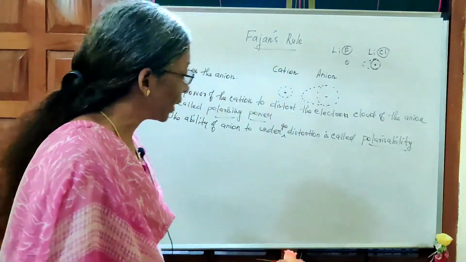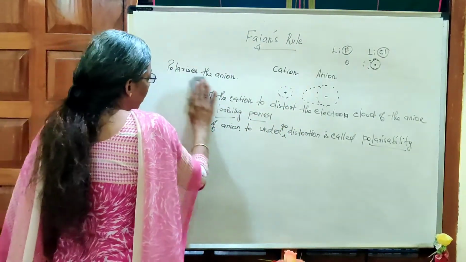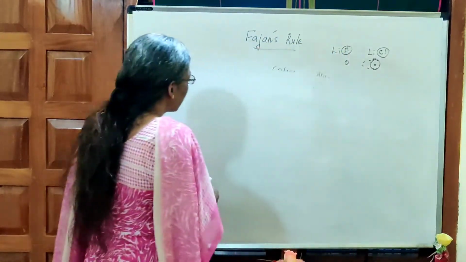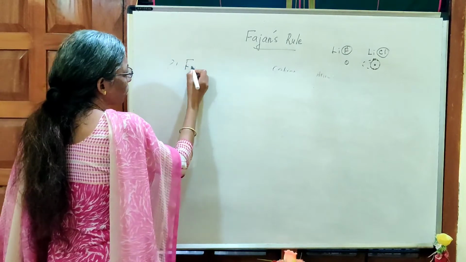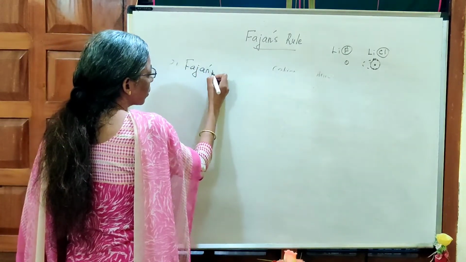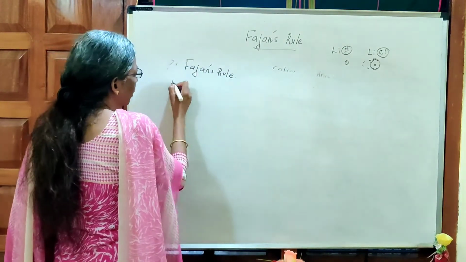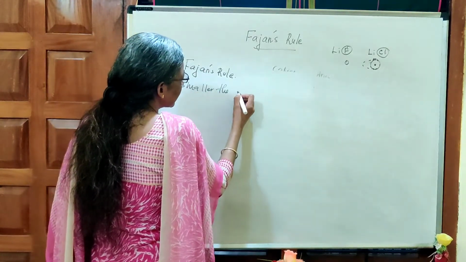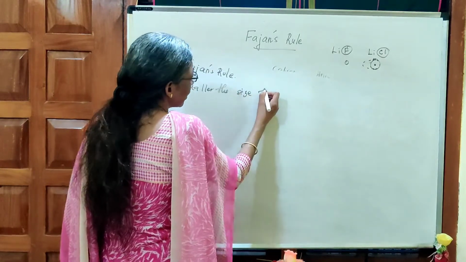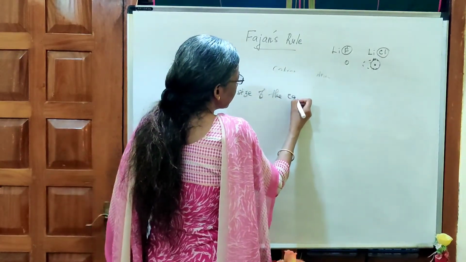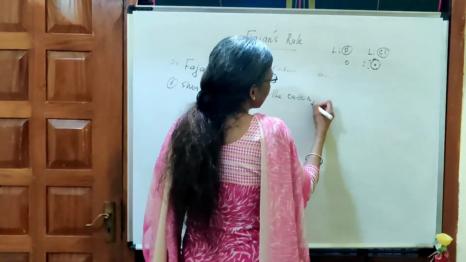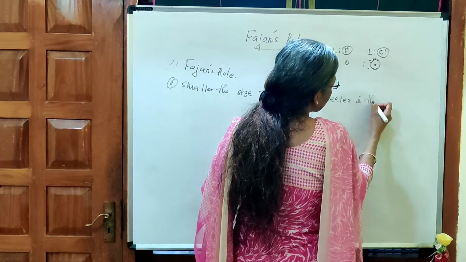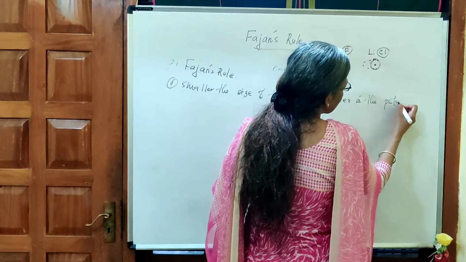In Fajan's rule, number one: the smaller the size of the cation, the greater is the polarizing power.